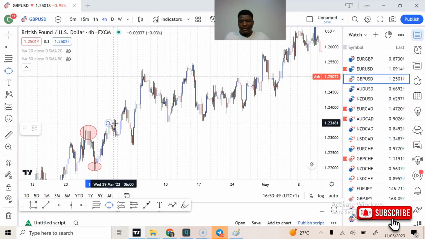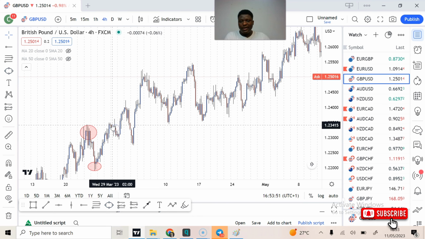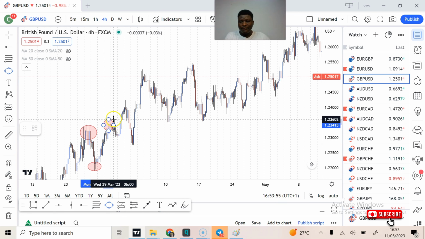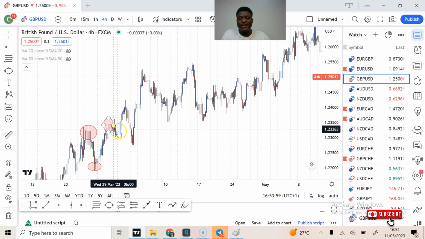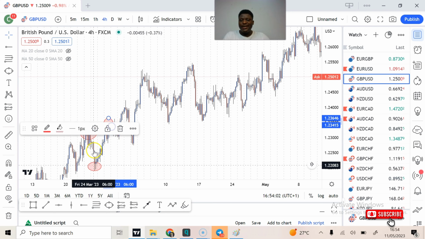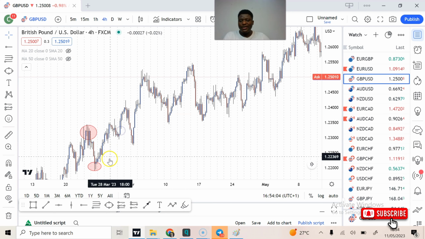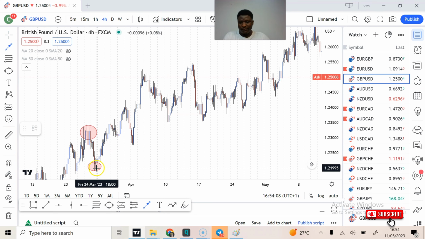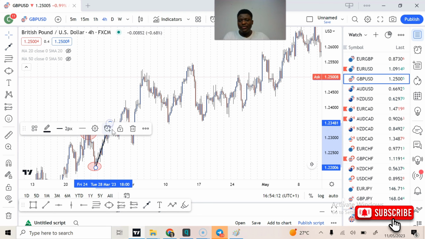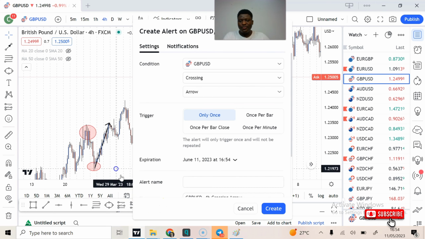Let me do that again. This stuff right here is a minor resistance because, as you can see, the market was going with all this velocity, all this speed from here. And the only thing this little roadblock could do right here was to push the market a little bit downwards.